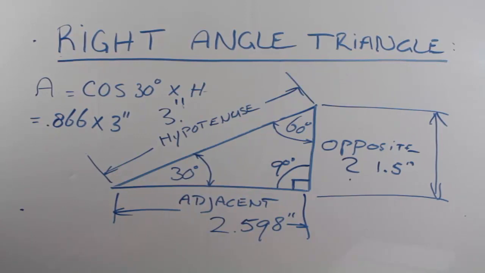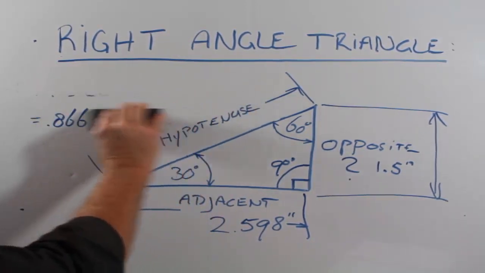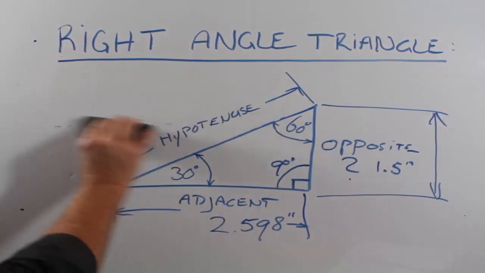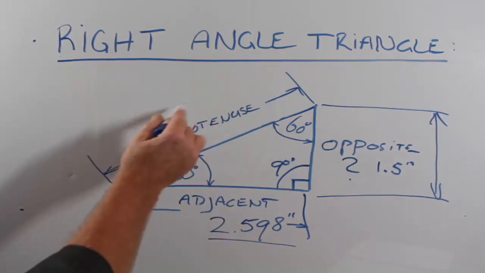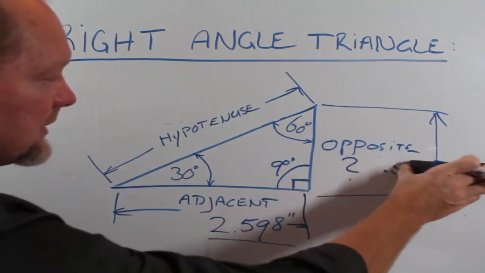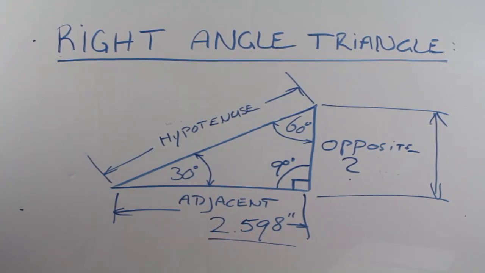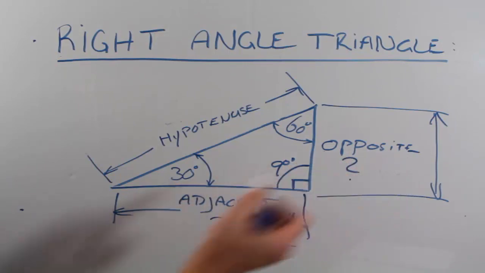Then there's one more I want to cover with you, and that is using the tangent. So far we've used sine and cosine. Let's say that we have this length right here, the 2 inches 598, and we don't know the 3 inches. We're going to use this length to find the opposite leg. So we still have our 30-degree corner and this 2 inches 598. With these two pieces of information, we're going to find the length of the opposite leg.